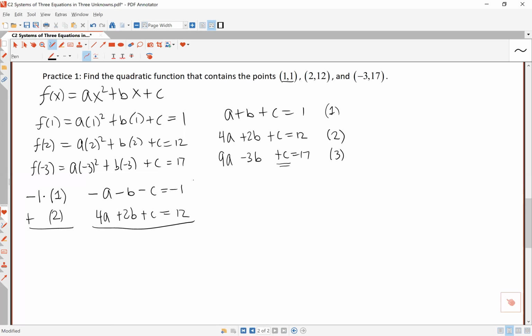Adding those two equations together, we have 4a minus a is 3a. 2b minus b is b. The c's cancel, and 12 minus 1 is 11. That equation we'll keep track of and use here in just a little bit.